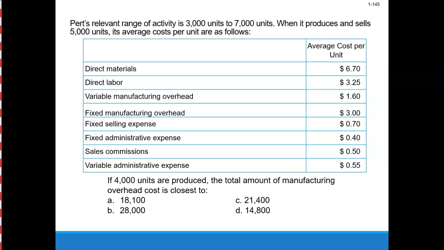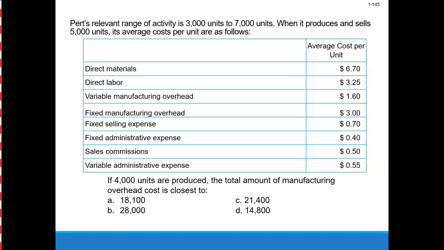PERT's relevant range of activity is 3,000 units to 7,000 units. When it produces and sells 5,000 units, its average costs are shown here. So the manufacturing overhead, guys, the variable is variable. The fixed is fixed. So when we see that the fixed manufacturing overhead is $3 per unit on 5,000 units, then that's 15,000 bucks, right? That's fixed. So we need to use that 15,000 bucks no matter what we produce.